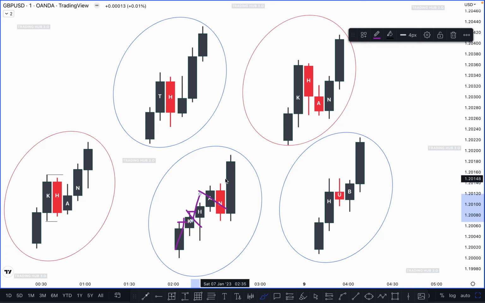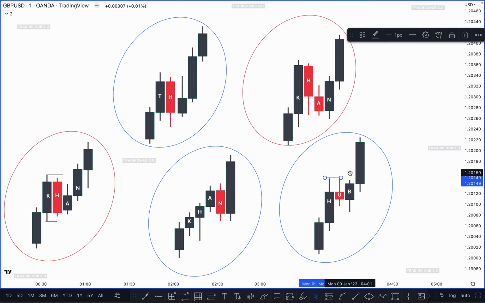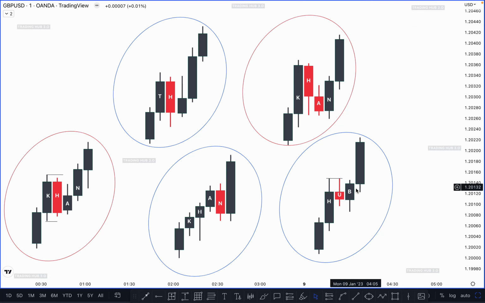And in the next example you can see the H candle high and the U candle high are both similar, meaning both highs are equal here. If the market takes out the U candle low, this becomes our valid pullback. But if the U candle high does not take out the H candle high, this is not a valid pullback. This becomes invalid.